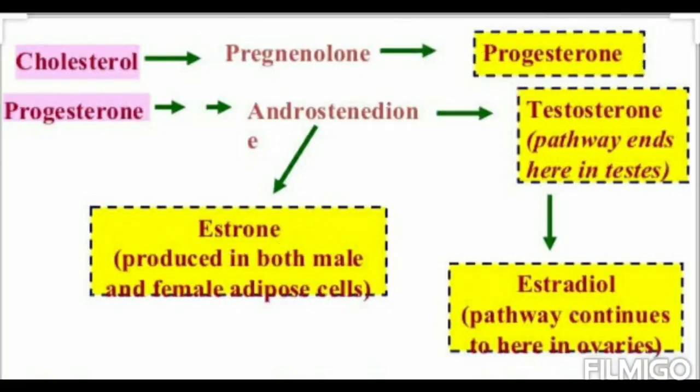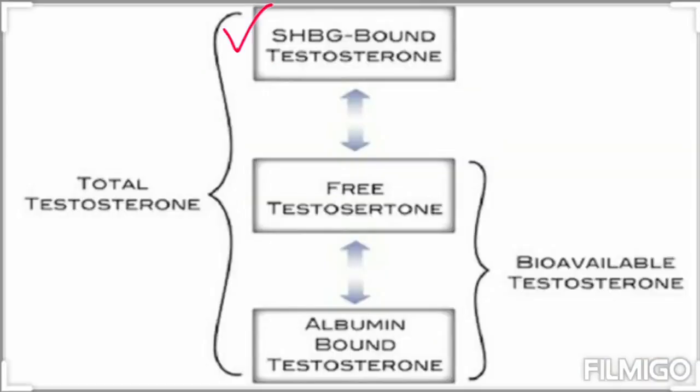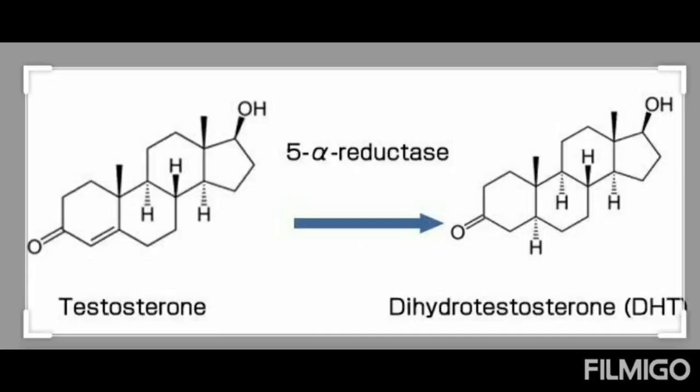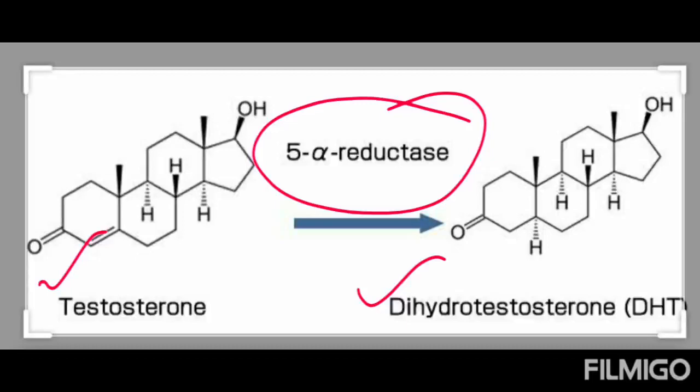In the blood circulation, testosterone binds to sex hormone binding globulin and is thus protected from metabolic degradation. Testosterone is converted to its biologically active form, DHT, in the presence of the 5-alpha reductase enzyme.